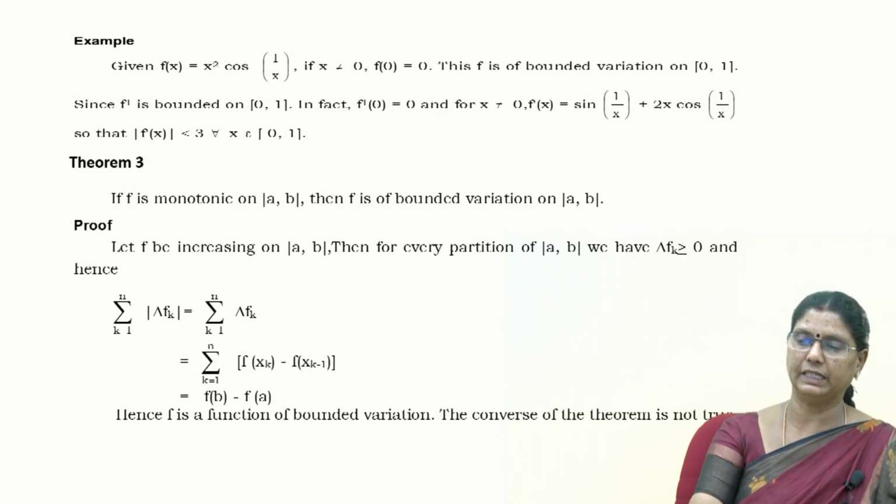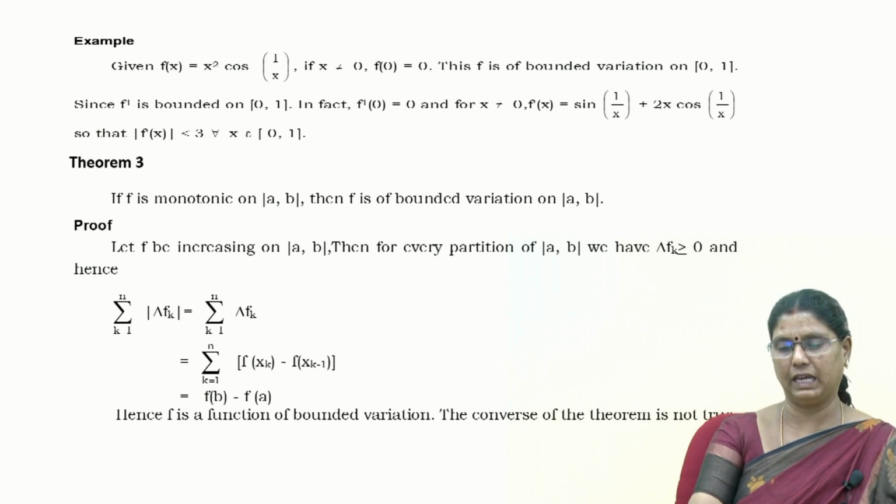So, an example for the above. The third theorem states that if f is monotonic on [a, b], then f is of bounded variation on [a, b]. Since f is monotonic on [a, b], let us suppose that f is an increasing function on [a, b]. Then we consider the partition.